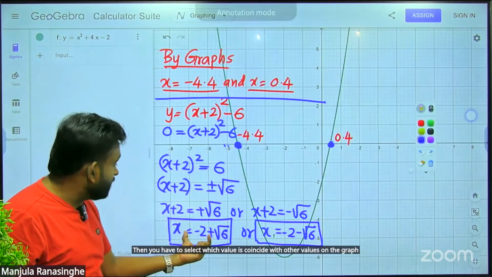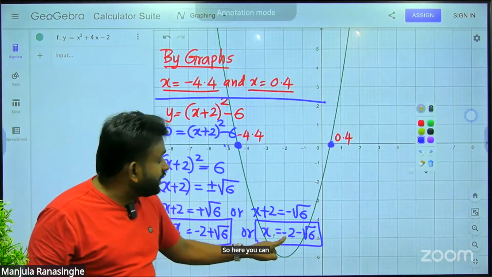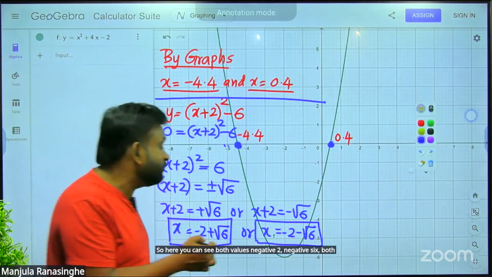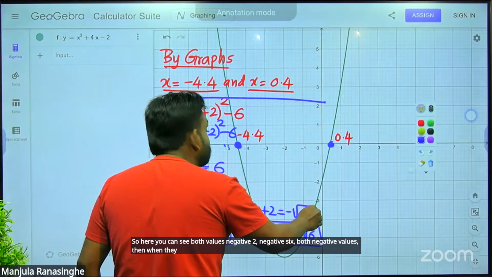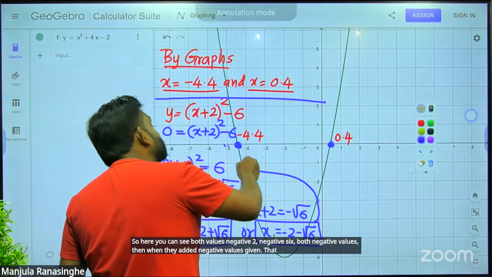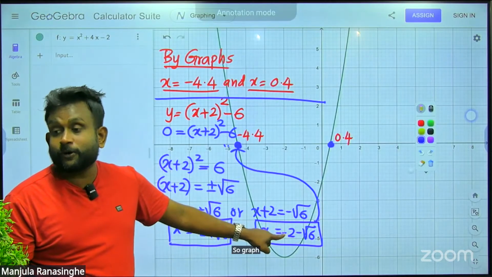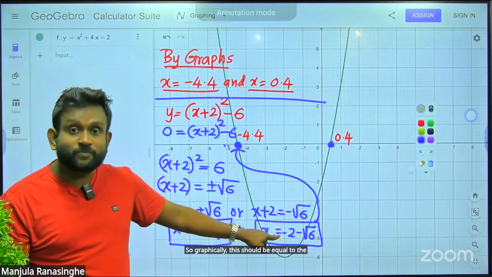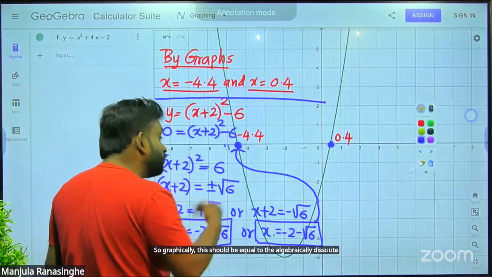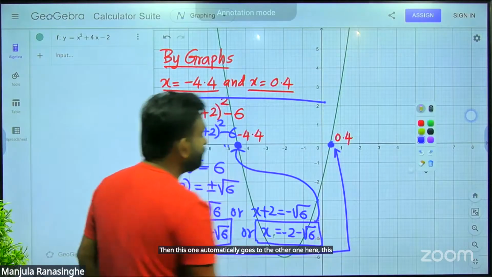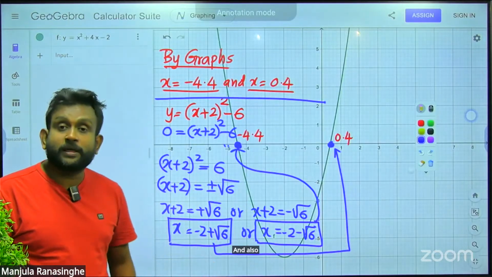Here you can see both values, negative 2 and negative 6, are negative. So when the negative value is given, this shall coincide with this root. Graphically this root should equal algebraically this root. Then this one automatically goes to the other root.